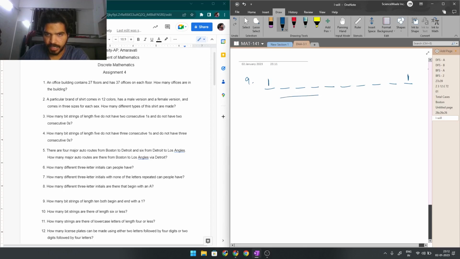We have 8 options now. Each of them has no limitations like you can repeat or not, so each one of them has 2 options. So total 2 to the power 8 options. That will be 256 ways.